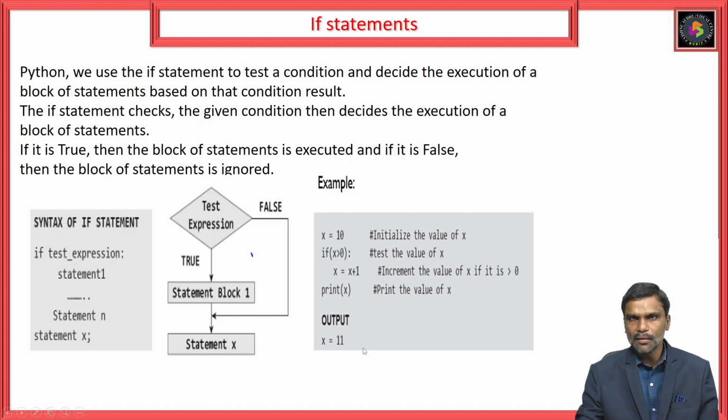Your output will be 11. Since 10 is greater than 0, the next expression will be executed. If not, for example if I say x is less than 0, that is a false condition because 10 is not less than 0. Then it will come out of this if block. You will not get any output.